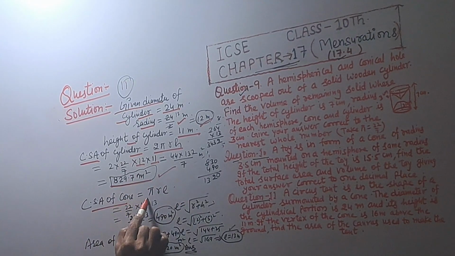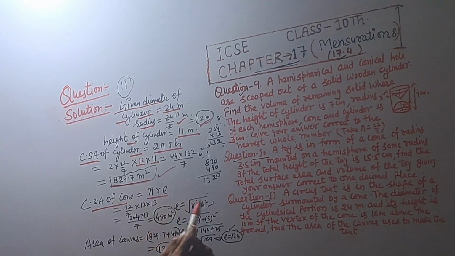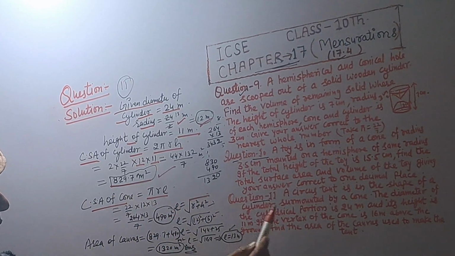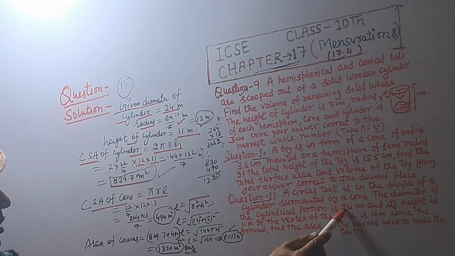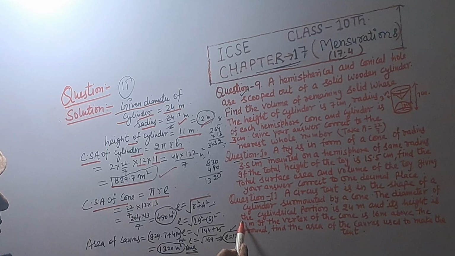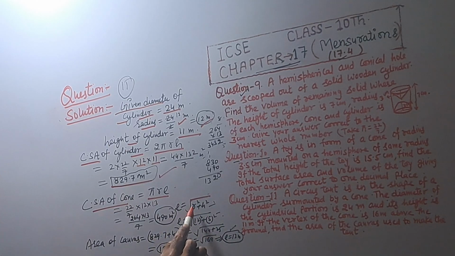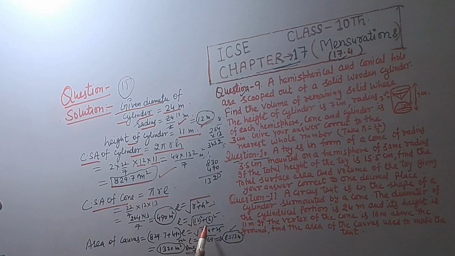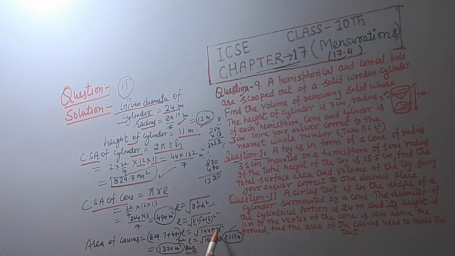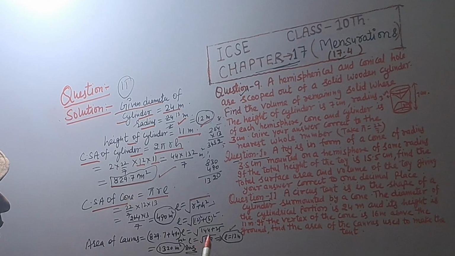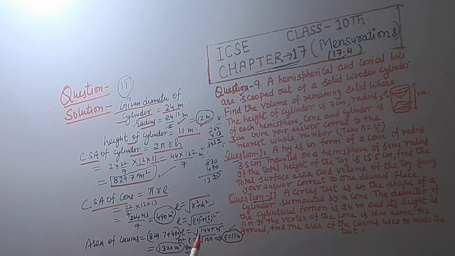And curved surface area of cone is pi rl. Slant height L is equal to root of r square plus h square, and height of cone is 16 minus 11, that is equal to 5. And radius is 12. 12 square plus 5 square, that is 144 plus 25 equal to 169, and root 169 is equal to 13 meter.